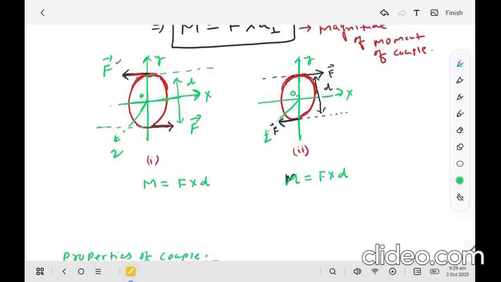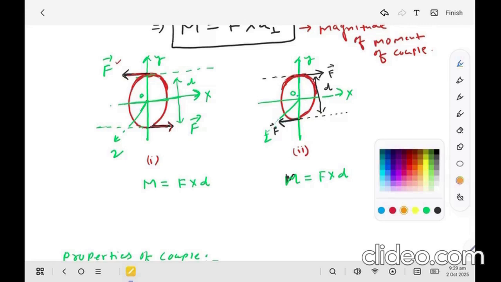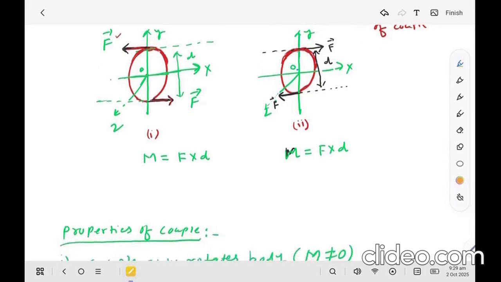Now, what is the direction of the rotation due to this moment of the couple, or what will be the sign convention, or what will be the direction of this moment? To understand the direction of the moment of a couple, we can look here.